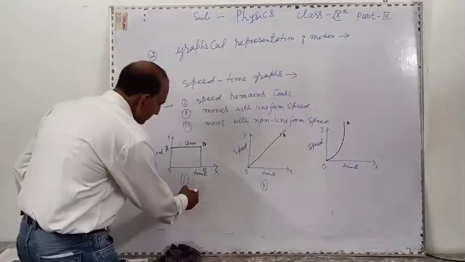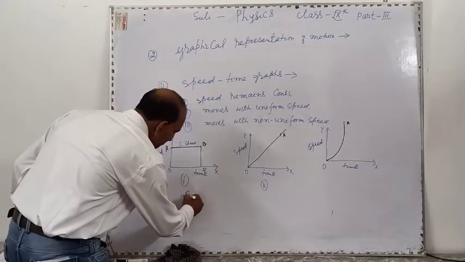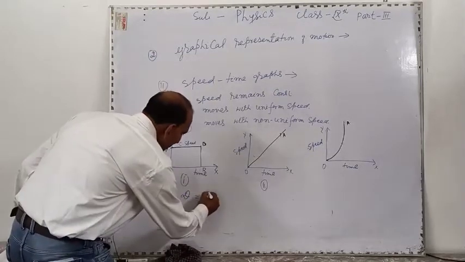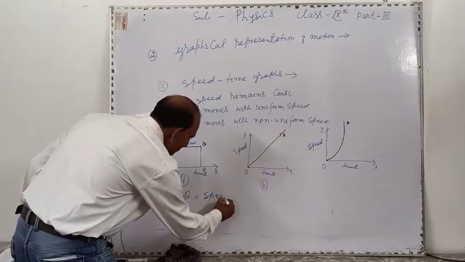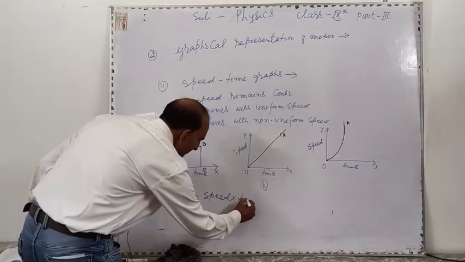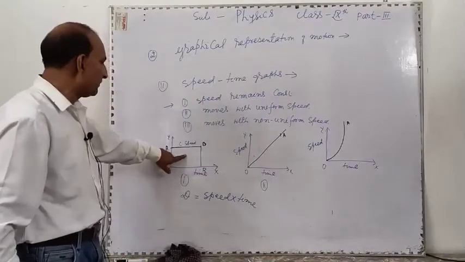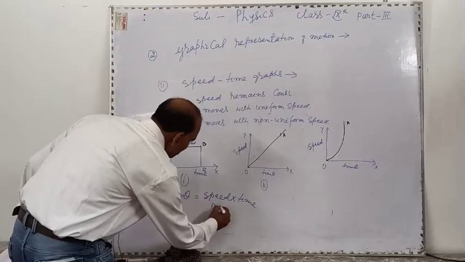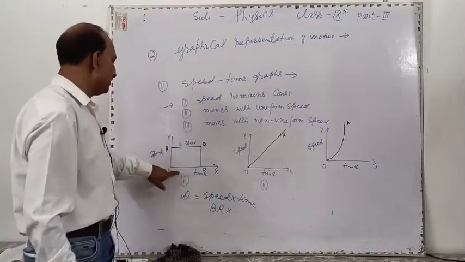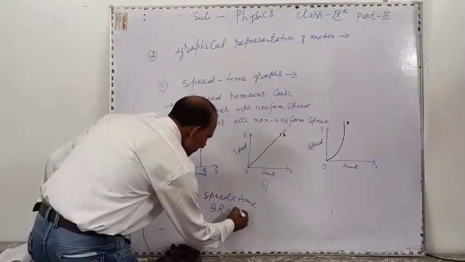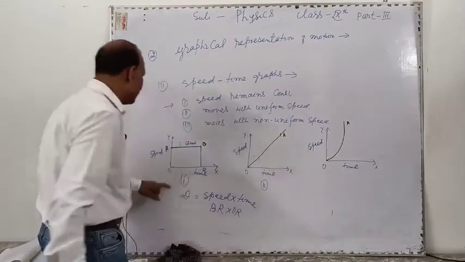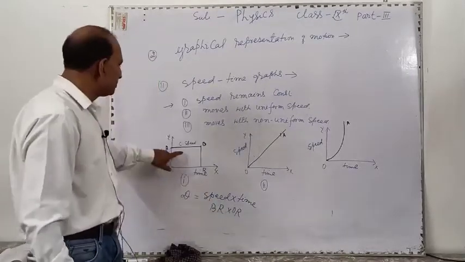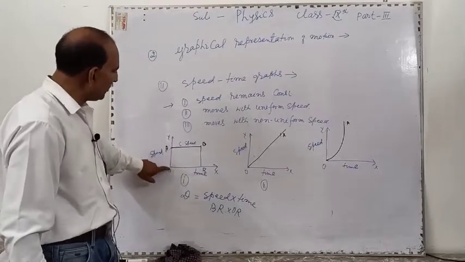We know that the distance traveled by a moving object is speed into time, and in the given graph the speed is given by BR and the time is given by OR. Therefore, the distance traveled by a moving object is BR into OR, which is the area of the rectangle AORB.